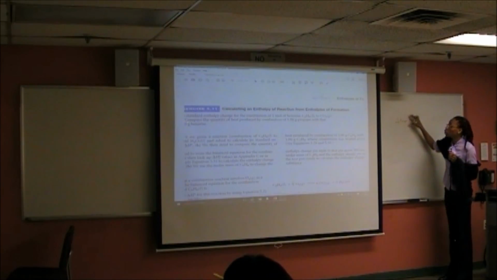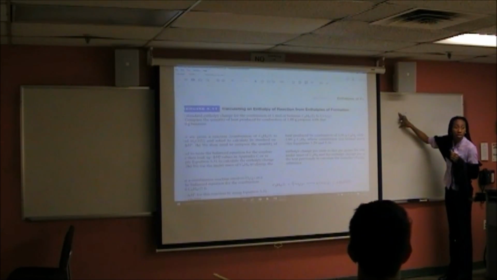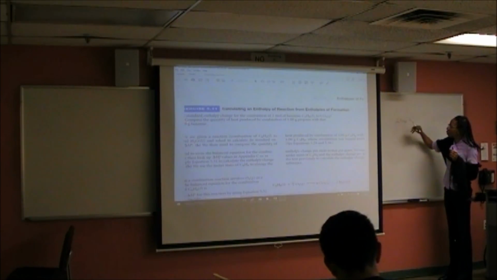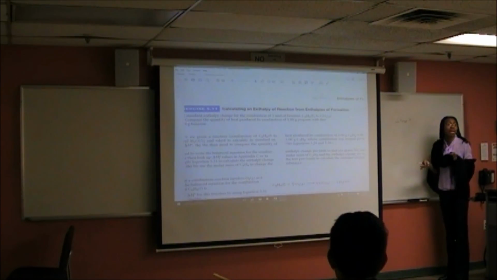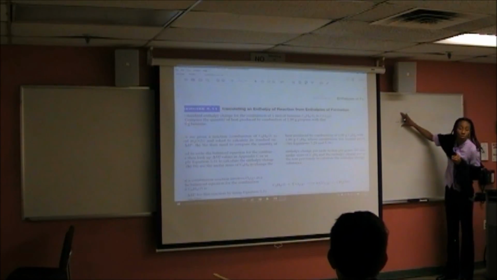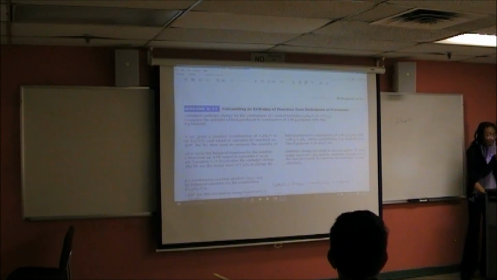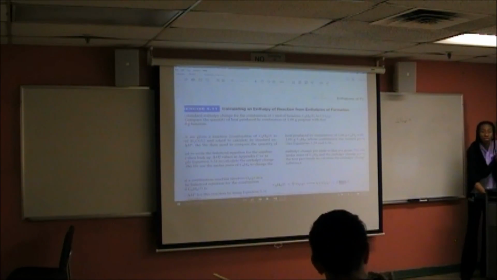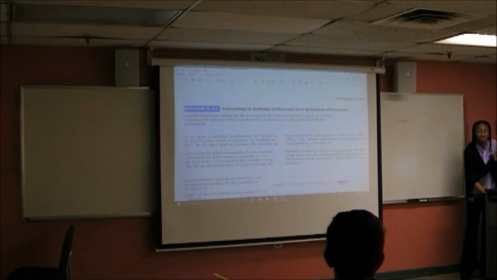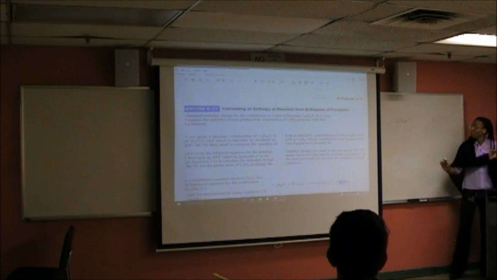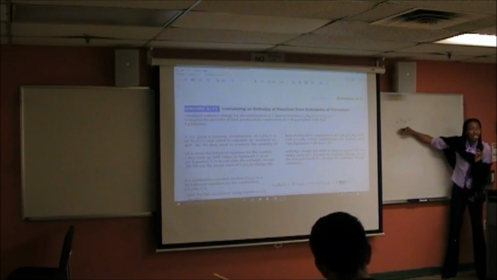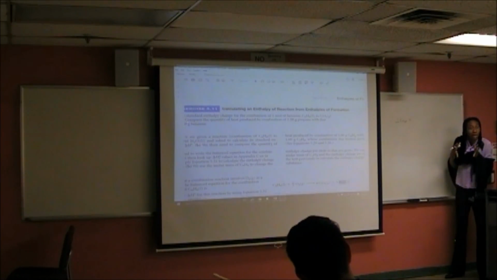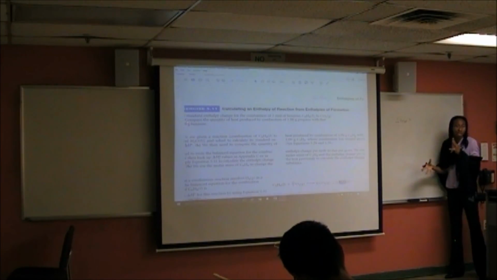So you have to make sure you have this equal sign. This equal sign is going to give you a number. And the reason why I say that is I can give you this number and ask you to find the entropy of formation of one of these. It's never going to be this and that alone. You have to take what I give you and apply it to other things.